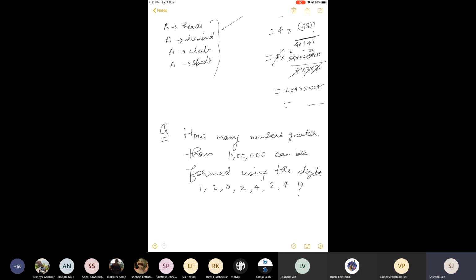So how many numbers greater than 10 lakh can be formed using these digits? Now you can see that 2 is repeated 3 times, 4 is repeated 2 times, then there is 1, 0 and 1 is also present 1 time. So with these digits, how many numbers can you form which are greater than 10 lakh? No other digit is to be used. Only these digits which are given here.